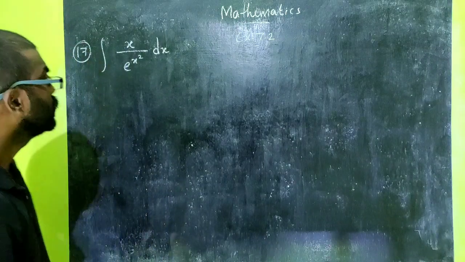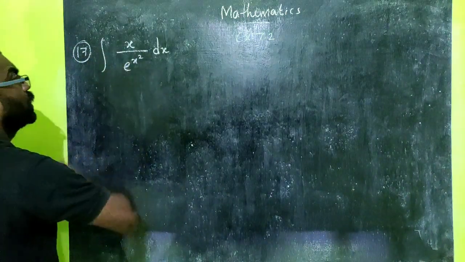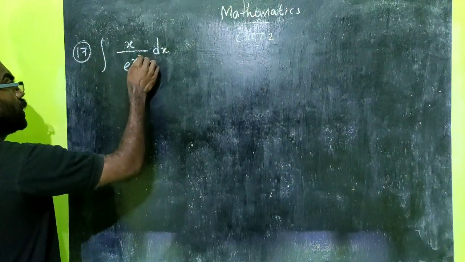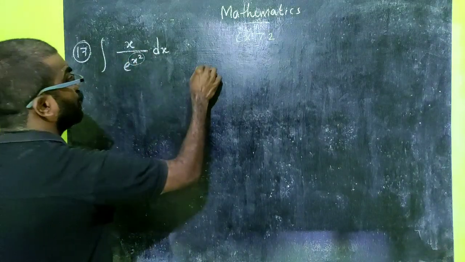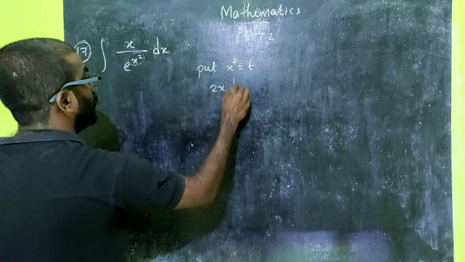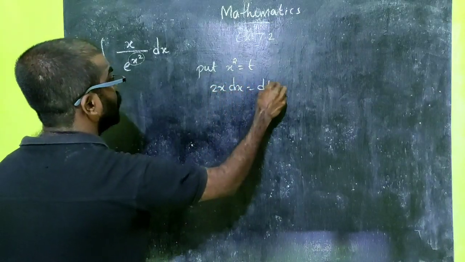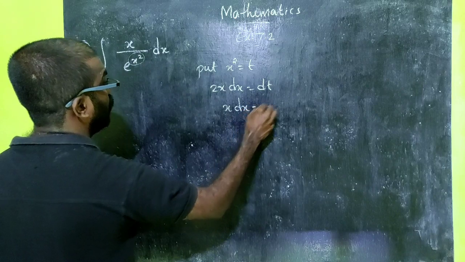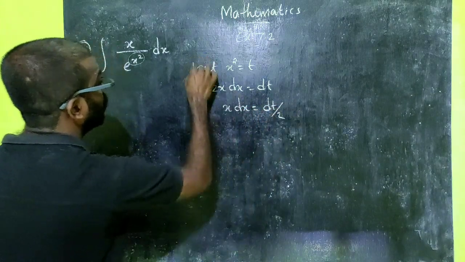And the next question is integral x by e raised to x square dx. Here we can take the power x square as t. So we can put x square is equal to t. 2x dx is equal to dt and x dx is equal to dt by 2.